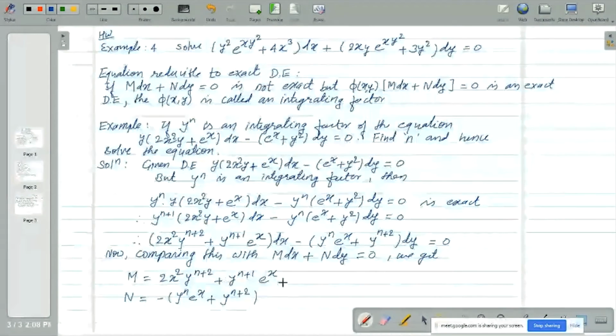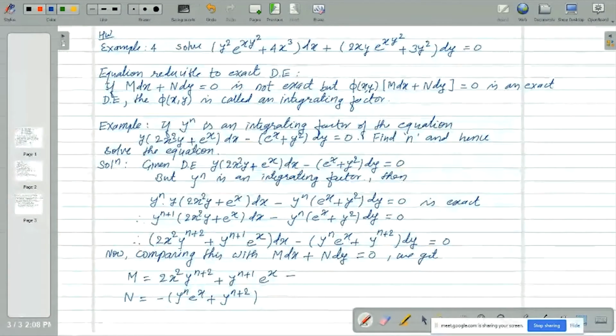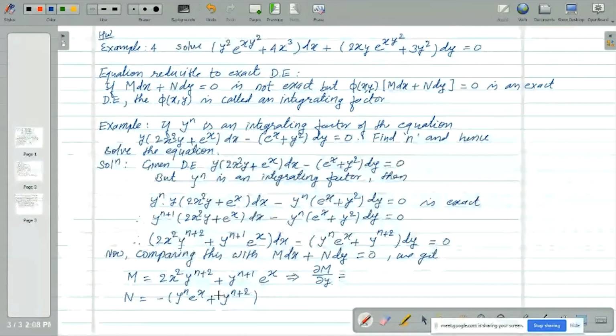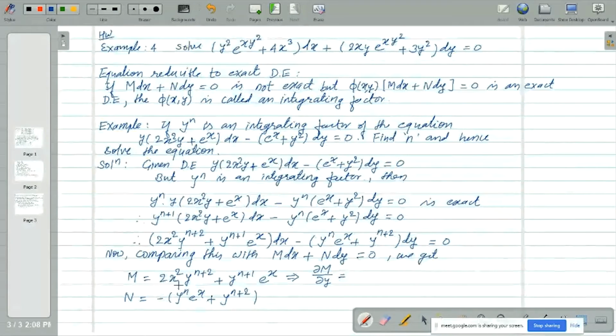Now I am differentiating this with respect to y, so dou M by dou y equals, differentiating M partially with respect to y.